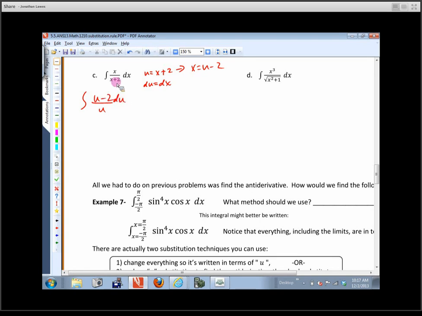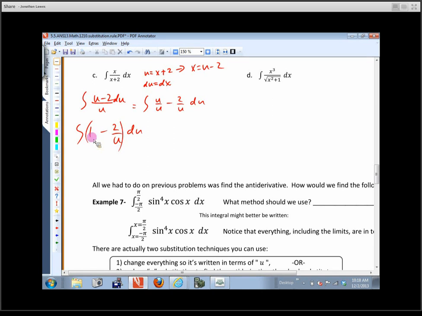When I had two terms in the denominator, I can't break that into two different smaller pieces. I can't break it into its parts. I can do that right here, and what I end up with is u over u minus 2 over u du. So I've got 1 minus 2 over u du. And I can find the antiderivative of each one of those pieces.